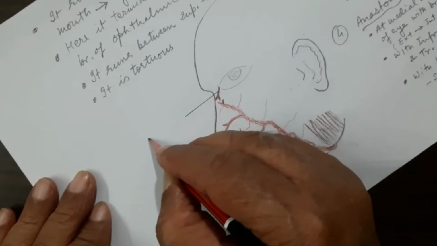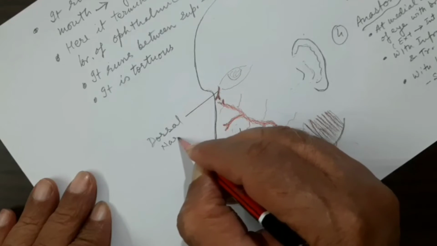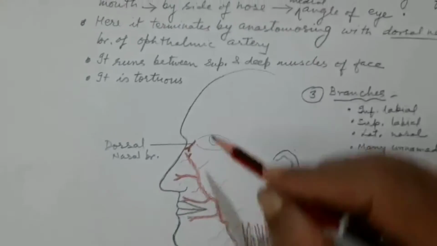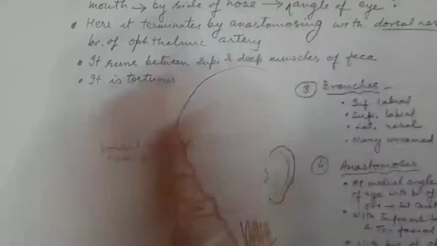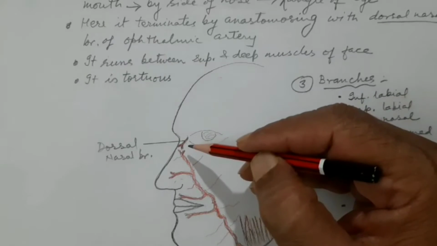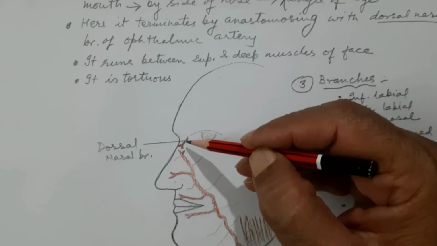So I will write down here, dorsal nasal branch of the ophthalmic artery. The ophthalmic artery is given inside the cranial cavity by the internal carotid.